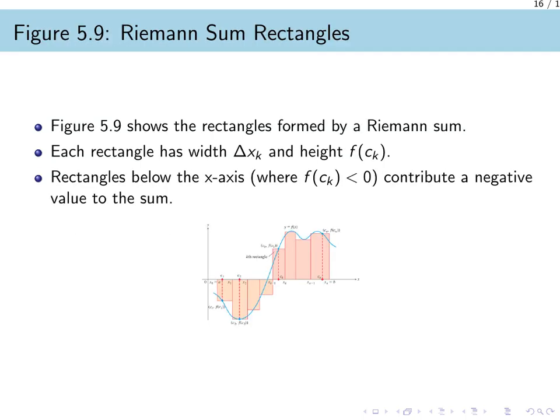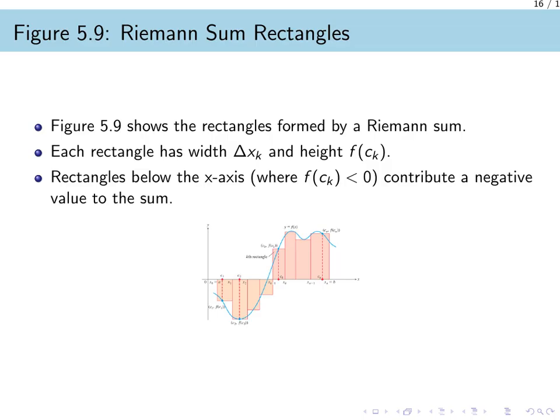So far, we have mostly considered functions that are above the x-axis. But what happens when the curve dips below it? This is a critical detail for understanding what a Riemann sum truly represents. Remember that each term in the sum is the product of the function's value, f of c_k, and the subinterval's width, delta x_k.